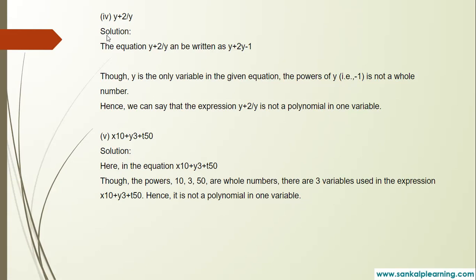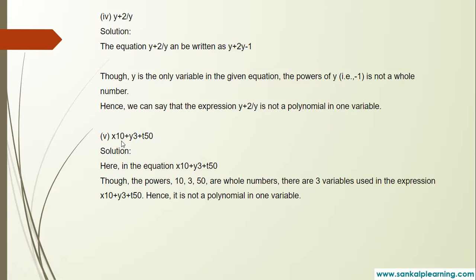It is in the denominator. If you bring it into the numerator, it will become y to the power of -1. So we are getting a negative exponent, so it is not a polynomial.